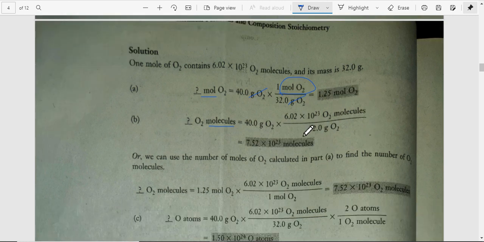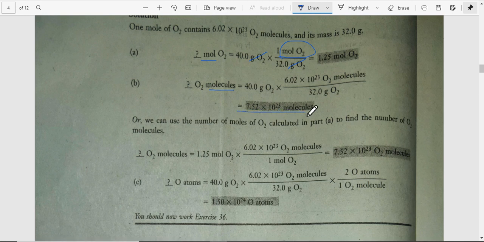So, 40 times the Avogadro's number, which is 6.02 times 10 raised to 23 O2 molecules, divided by 32. Then you will have the answer of 7.52 times 10 raised to 23 molecules.